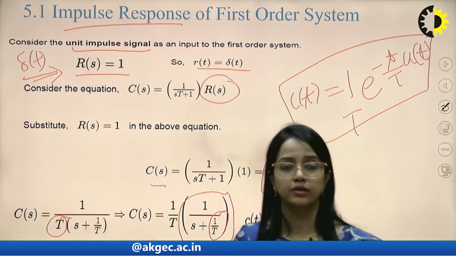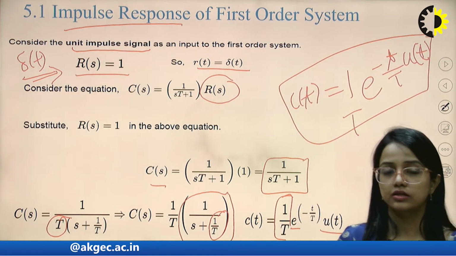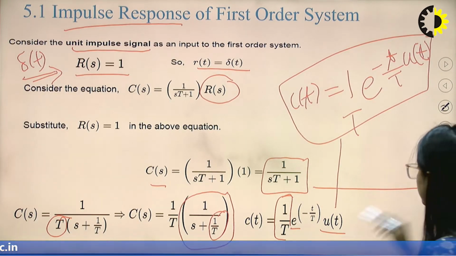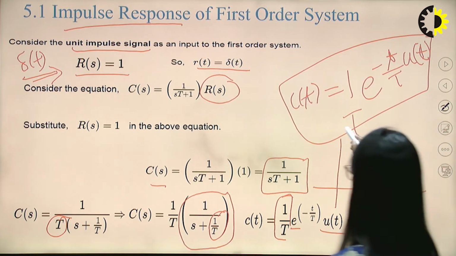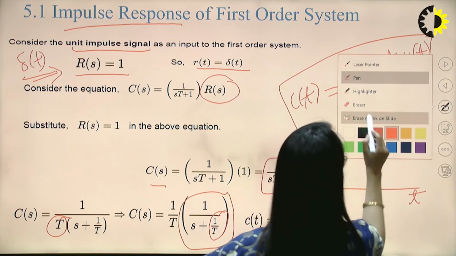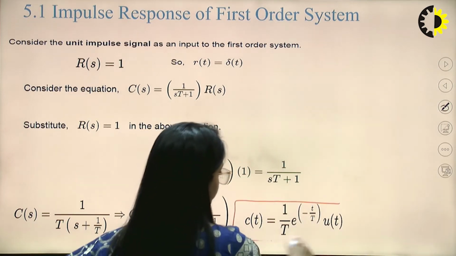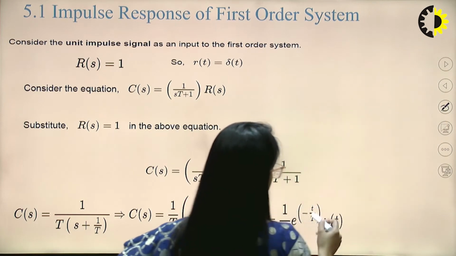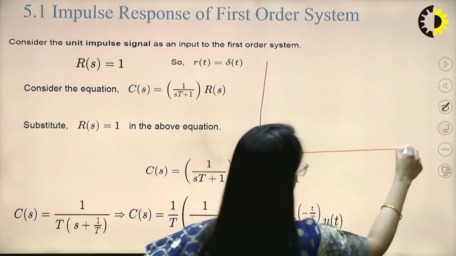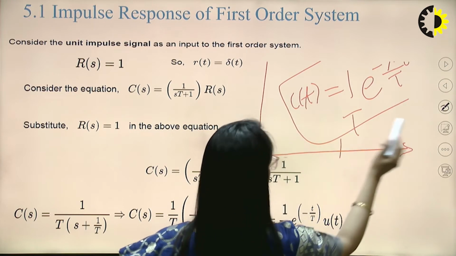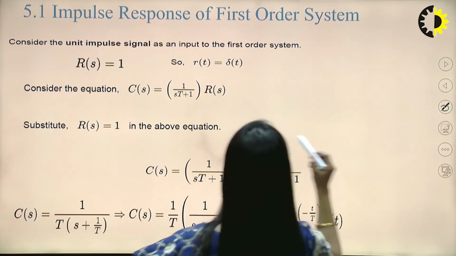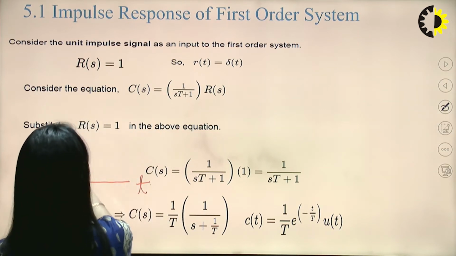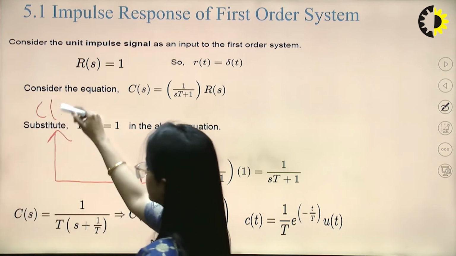Of course, we can have a graphical representation. Let's take t here, and here we have the response c(t).